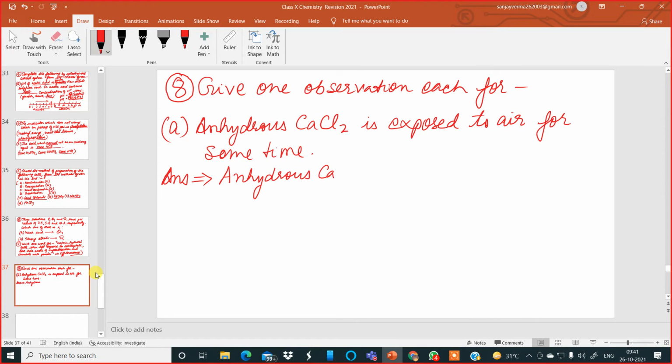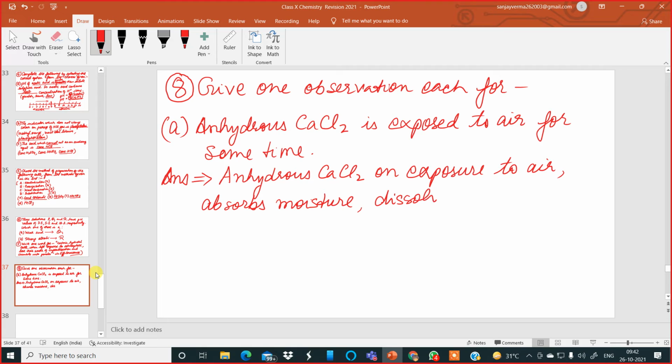Anhydrous calcium chloride on exposure to air absorbs moisture, dissolves in it, and forms a saturated solution.